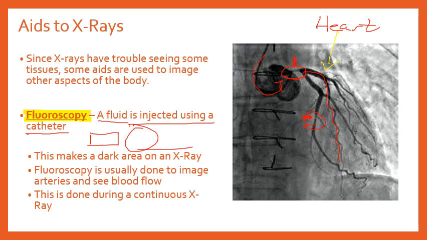So you have your artery, we push that wire through, and then the tube is able to travel. We can also inject a dye through there, and then that dye is able to fill up inside of your arteries, and we can take a picture and see what's going on. Usually these are live. So instead of taking a still photo, you're taking a video so that you can see what's happening as the dye flows through the arteries.